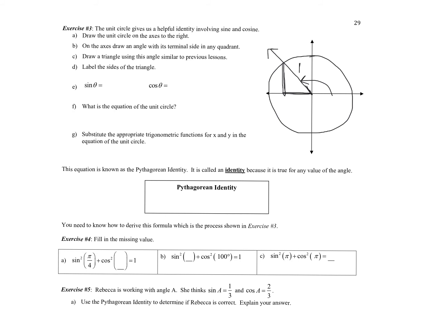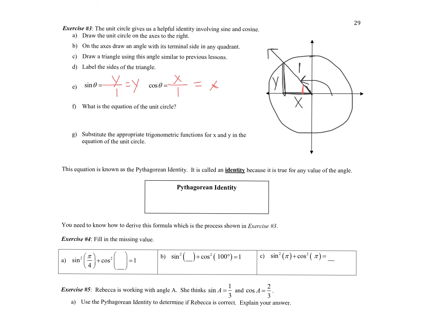So we have 1. I'm still labeling this x. I know it's going in the negative direction, but it is the x value, which happens to be negative, that I'll use. So just like all the other times, when we work with this angle, sine is y over 1, which is y, and cosine is x over 1, which is x.